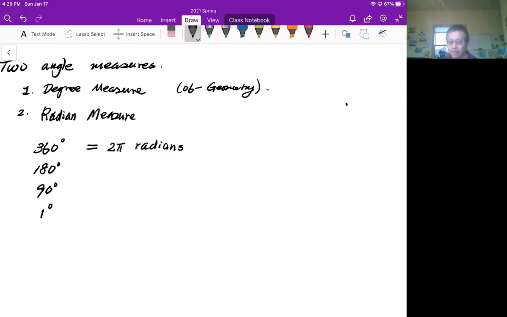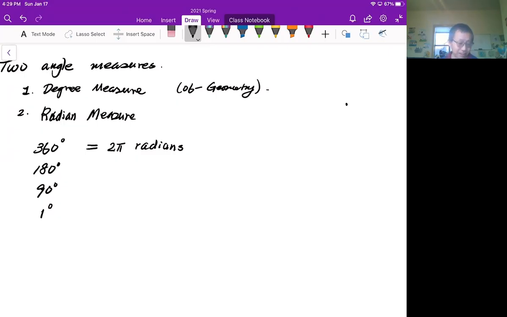For elementary geometry, usually we don't need that. We usually just say the degree measure, 180 degrees, 360 degrees, and everyone seems very comfortable with that. But when you go to pre-calculus and calculus, many times we're going to use the radian measure. So I just think, why not introduce this at the beginning?